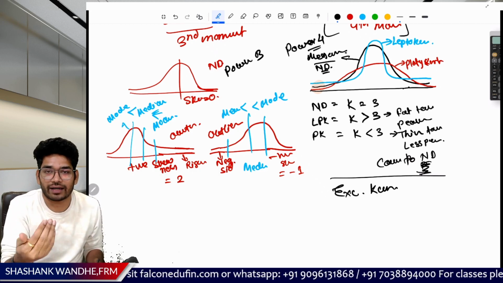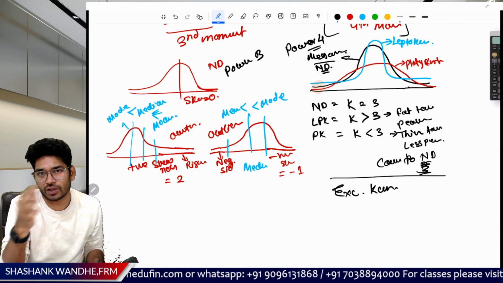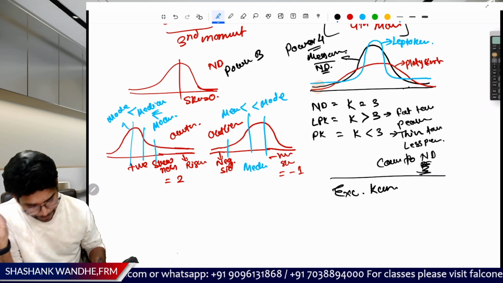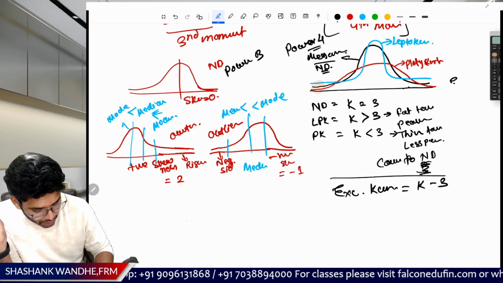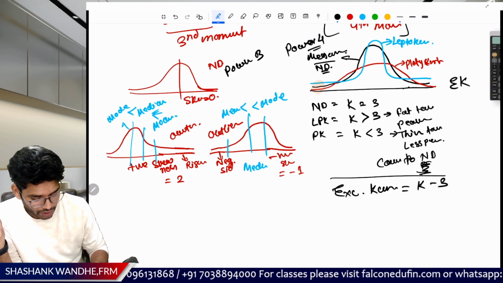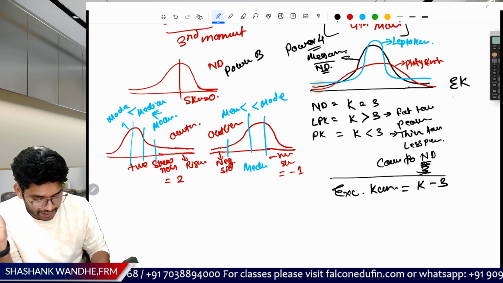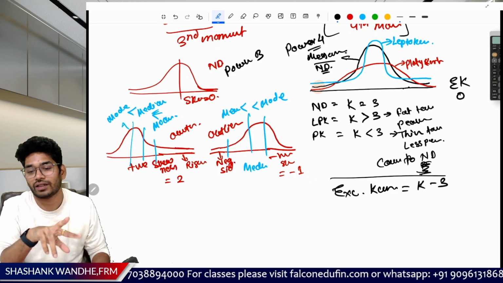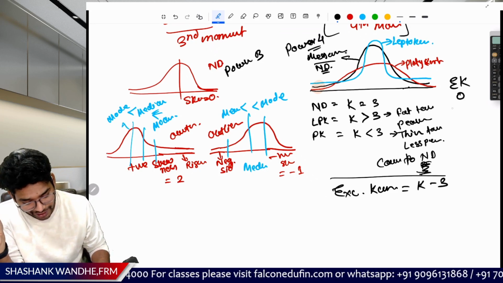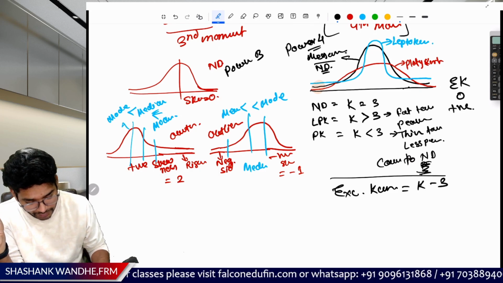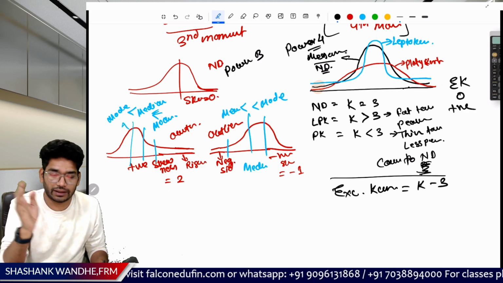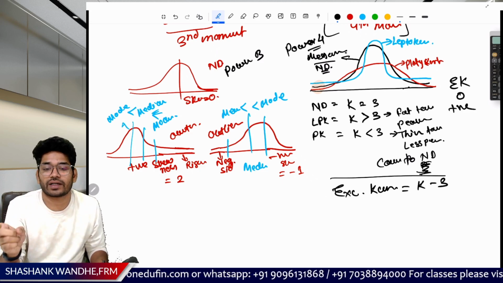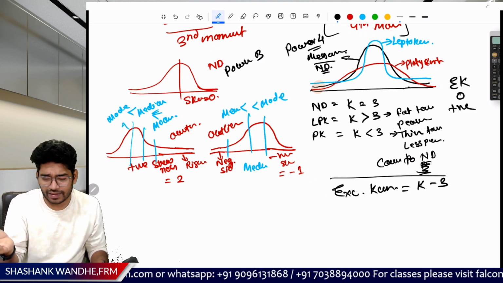Why not have an alternate measure so that we can have 0, 0, minus, minus, plus, plus, like this. So excess kurtosis is simply the kurtosis minus 3. Excess kurtosis for normal distribution will be 0. Now this is in parity. And for leptokurtic distribution, we will have positive excess kurtosis, similar to the skewness.